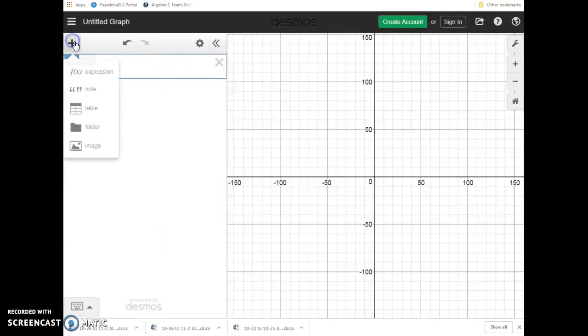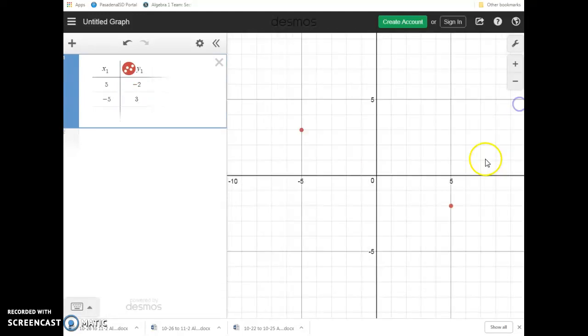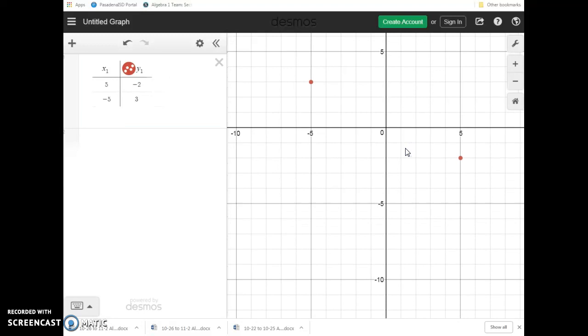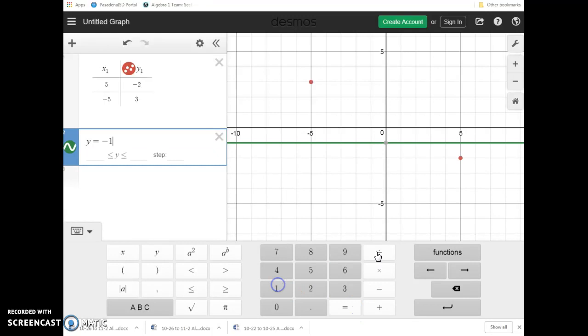So go to Desmos and follow along with me. You should have Desmos open still. So our x's were 5 and -5, and then our y's were -2 and 3. Okay, and it gives us our 2 points. All right, now let's see. Choice A is y equals -1/2.